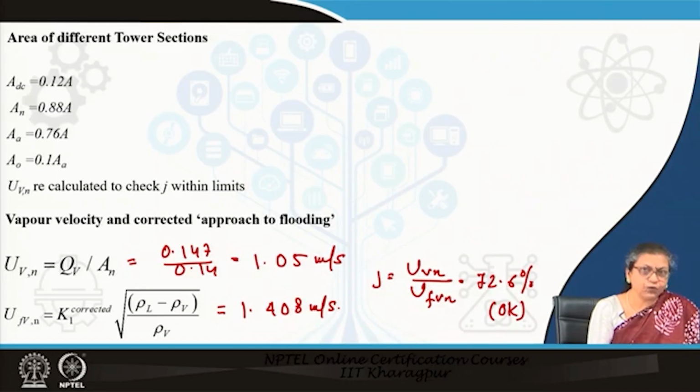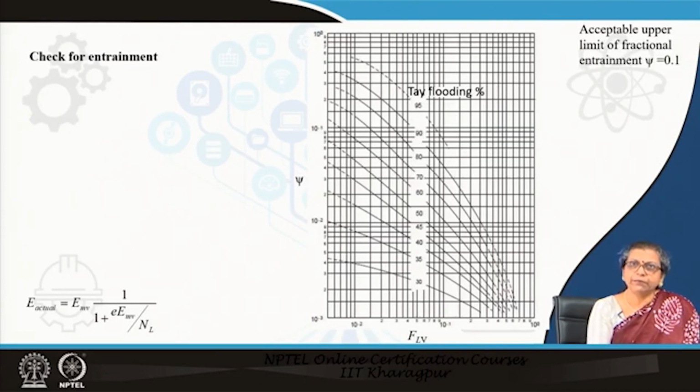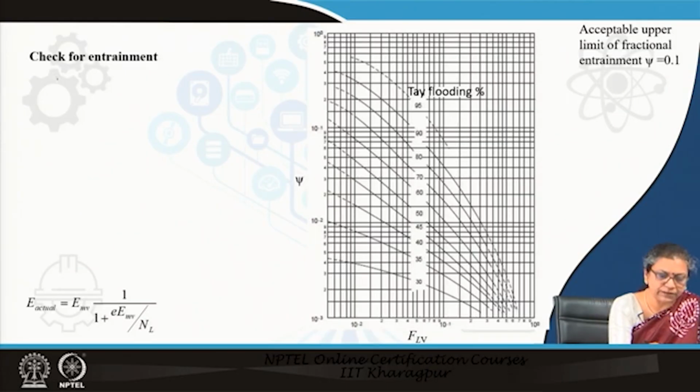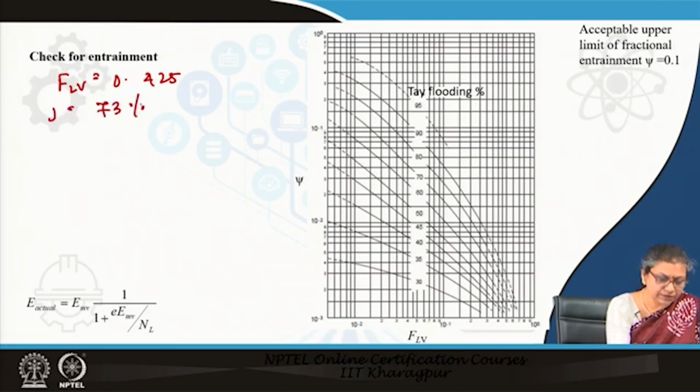Now, after this, what is the next thing that we would like to do? We would like to check for entrainment. Before we proceed with anything else, we would like to check for entrainment. If you remember, this was the graph that we had taken up for entrainment. We have already calculated FLV 0.425, and J we know is roughly 73%.